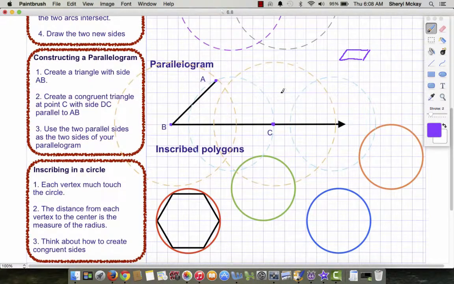I mean, I could kind of maybe guess, but do I put my pencil here or here or here? Where exactly is my pencil going to go to make this parallelogram?